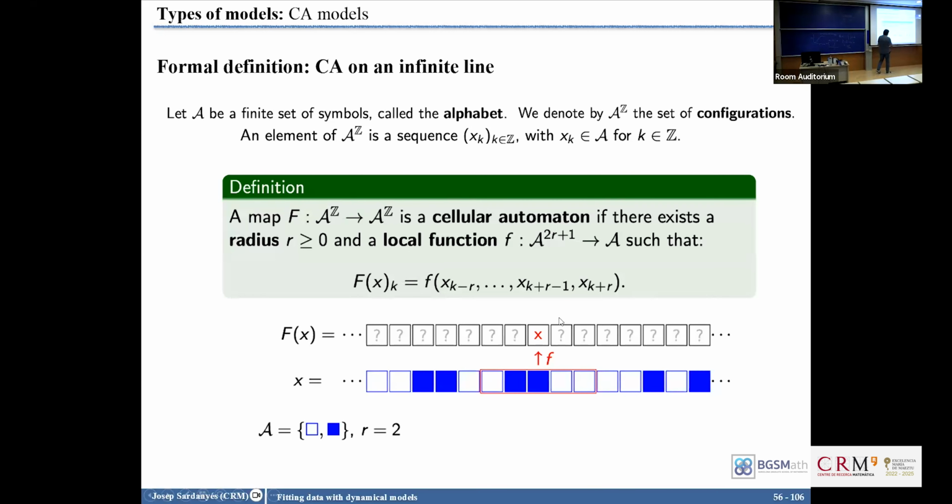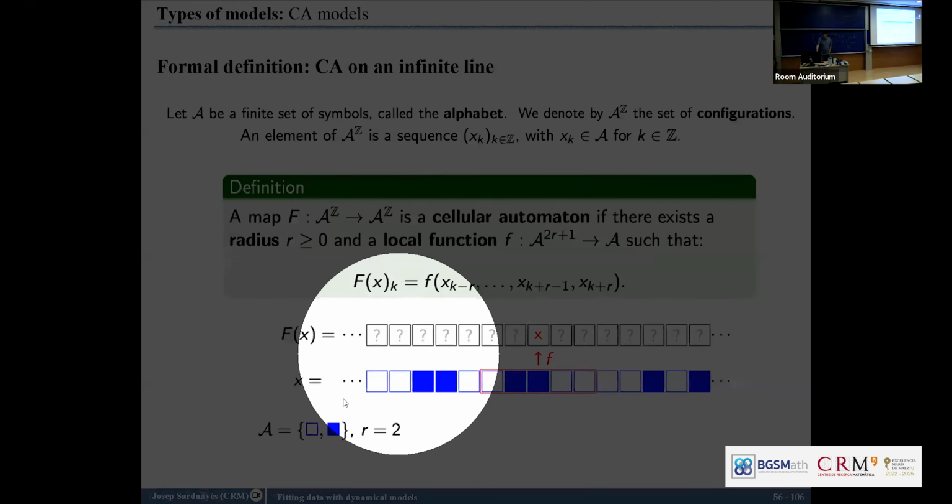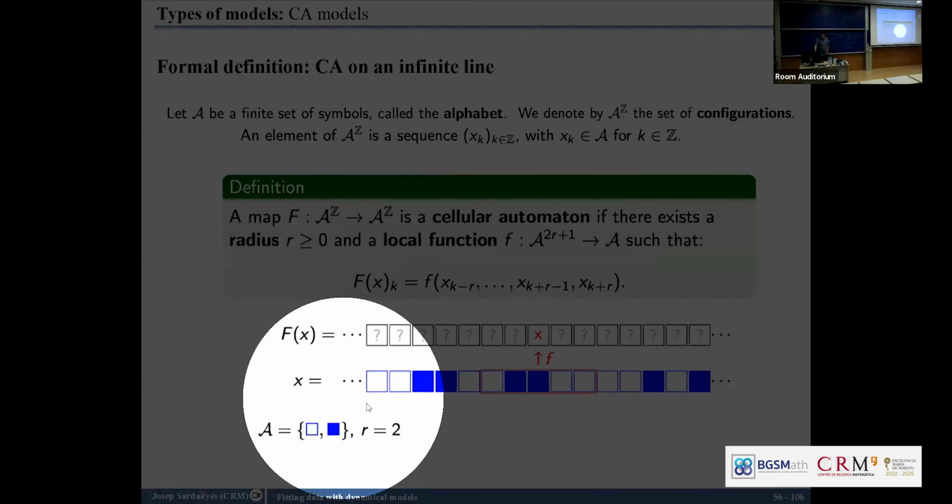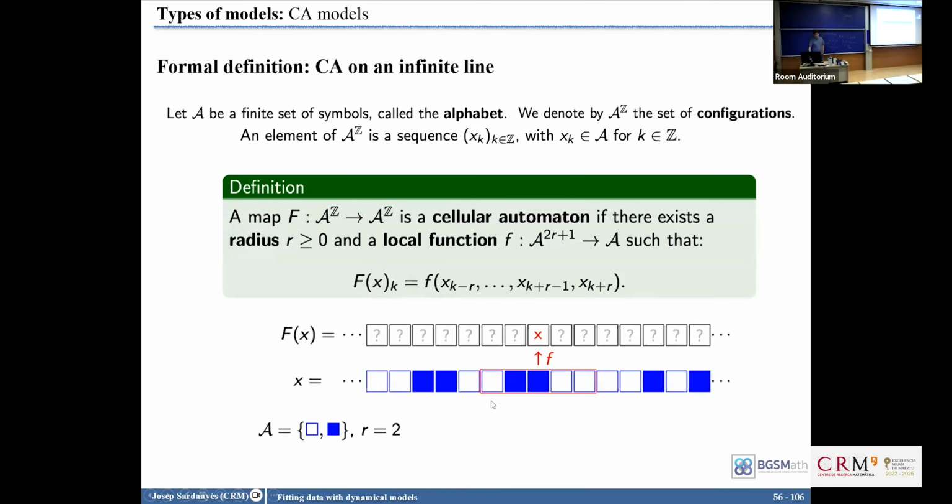Usually this function depends on a given site and on its neighbors. And this is where we have the rules, the state transition rules, that say that depending on what you have in the site and on the neighbors, the automaton will evolve differently.